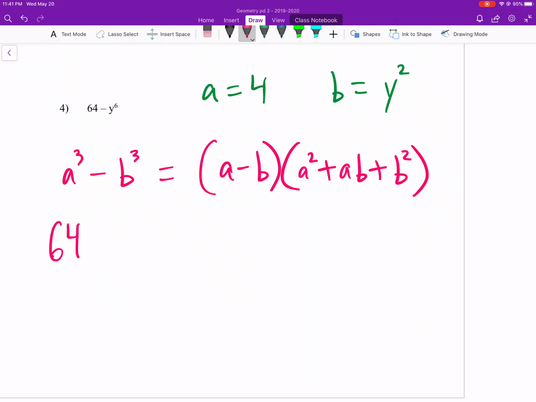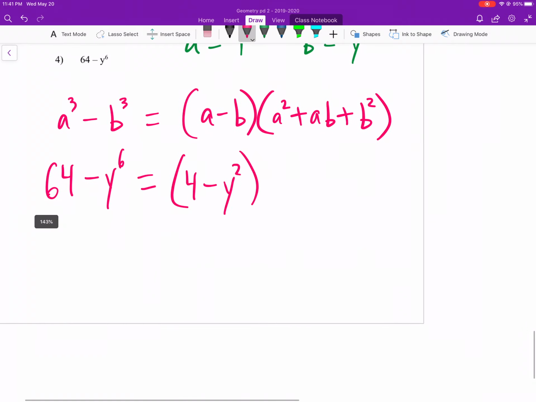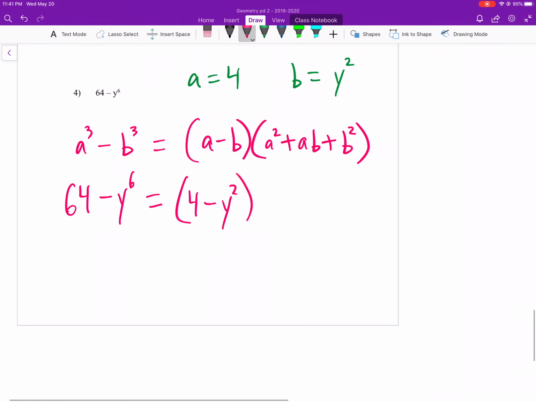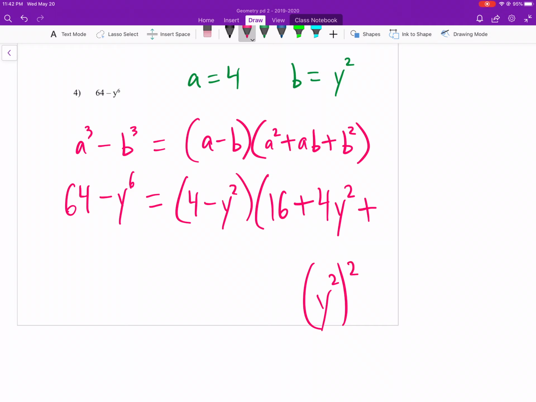So if we have 64 minus y to the 6th power, a minus b, which would be 4 minus y squared, times a squared, so that's 4 squared, 4 times 4, 16, plus a times b, 4 times y squared, which is 4y squared, plus b squared, which is y squared squared.